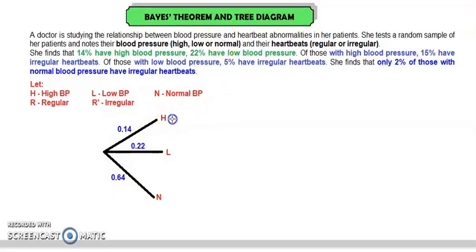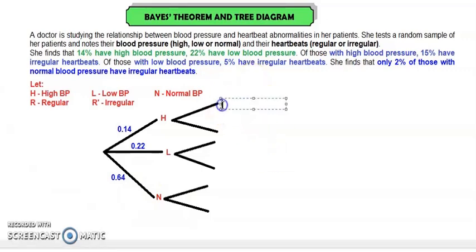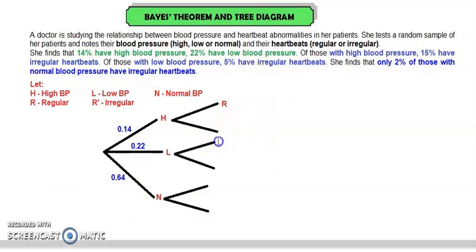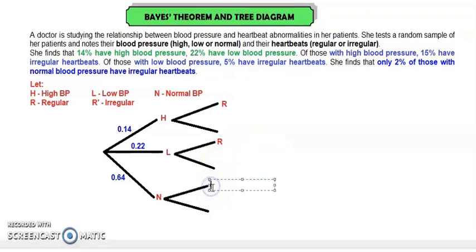Now the outcomes or branches for the second event. For each blood pressure, there is either a regular heartbeat or an irregular heartbeat. Now assign the labels: regular, regular, and here is R prime.